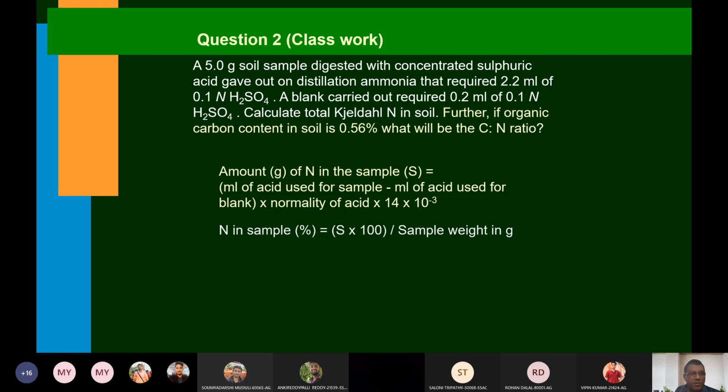A blank required 0.2 ml of 0.1 normal H2SO4. Calculate the Kjeldahl nitrogen in soil. And further, if organic carbon content in soil is 0.56%, what will be the C:N ratio? So you need to do it. So if you have pen, pencil, start doing it.